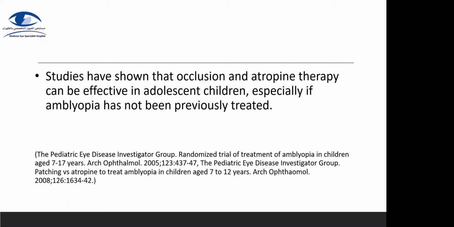Even children who are beyond the age of 12, if they did not have any previous treatment of amblyopia, you would start them on the mode of treatment. Usually patching, the maximum time of patching, 6 hours per day, is effective in some of those children. And thus age is just a number in those children who did not have a previous treatment of amblyopia.